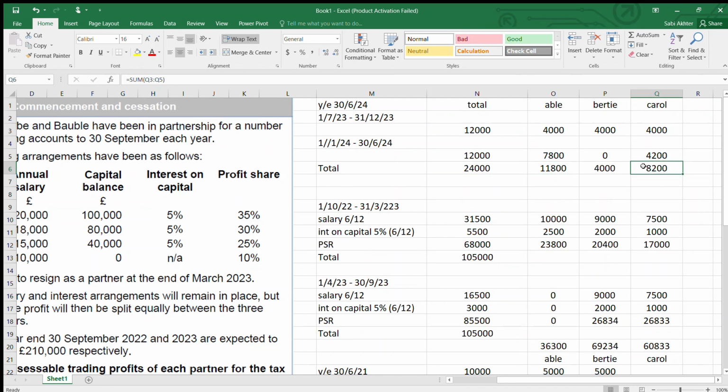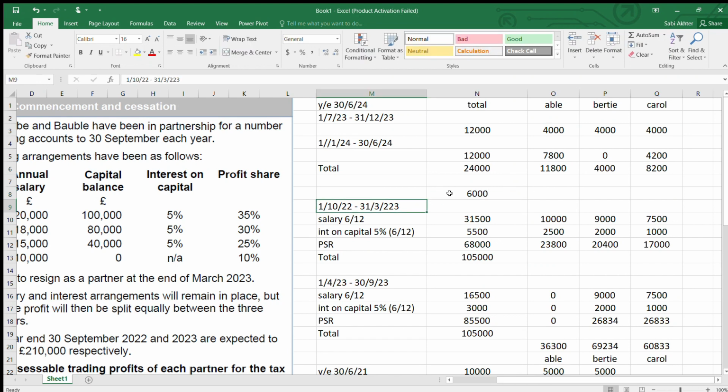But for Berti, tax year 2023-24. From test understanding 3, for year end 30th June 2023, his profit was 6,000 for Berti.